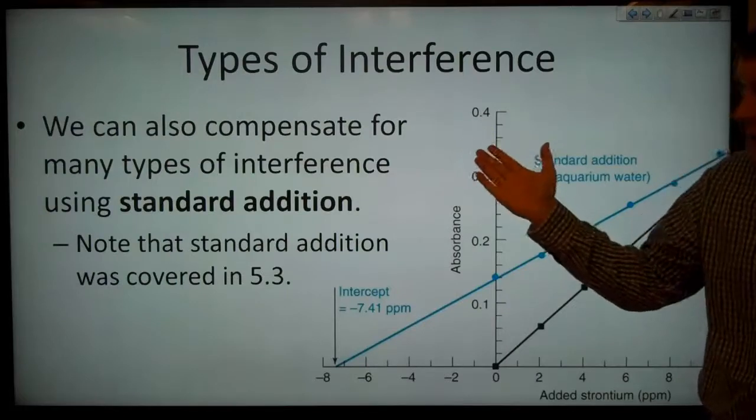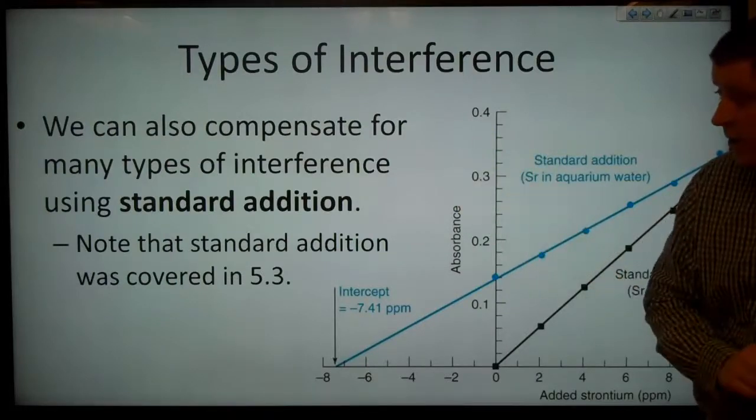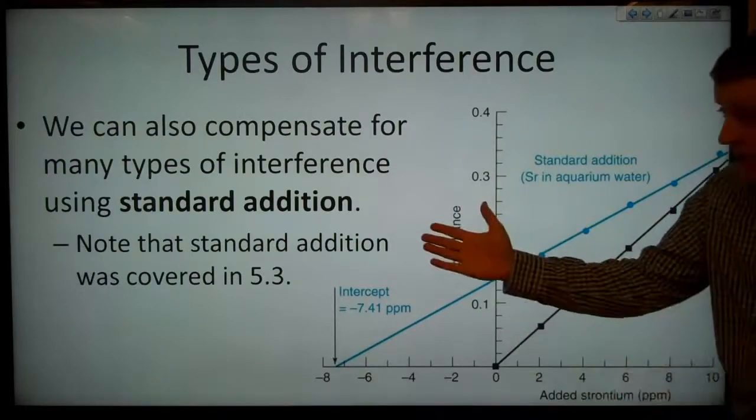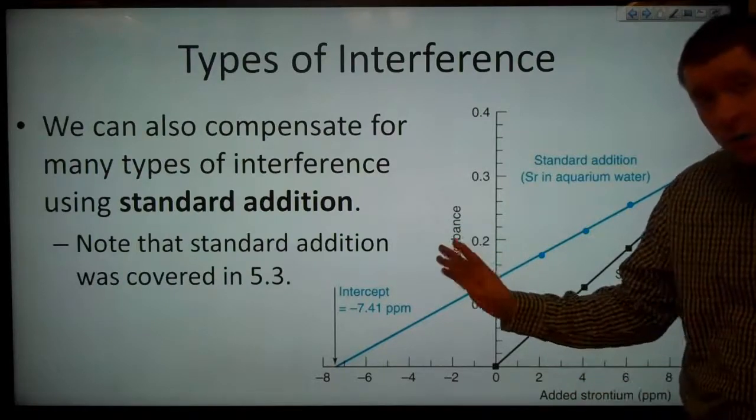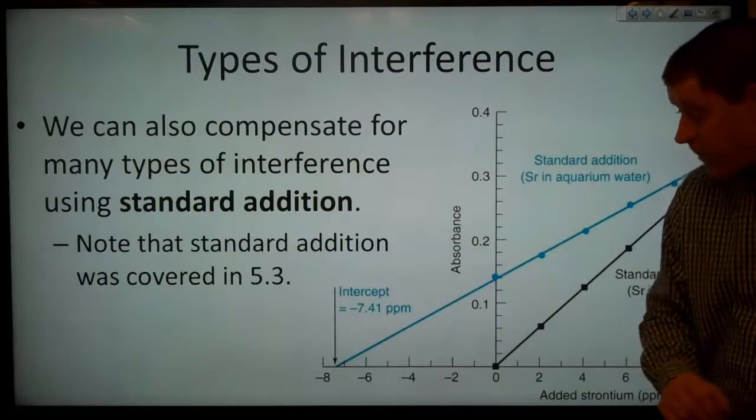We can also compensate for many types of interference using a standard addition. And note the standard addition was covered back in section 5.3, so if you need to, pause the video now, go back and review that.